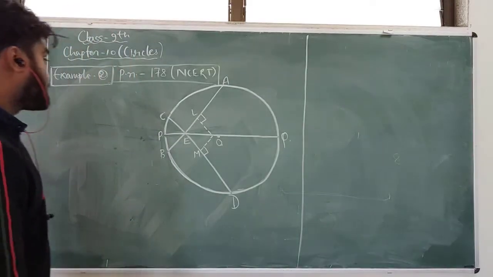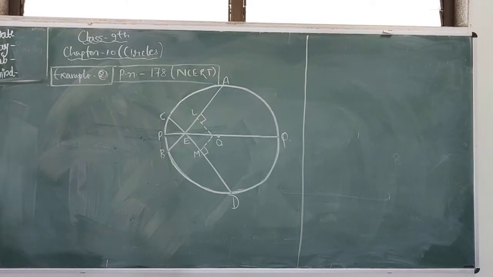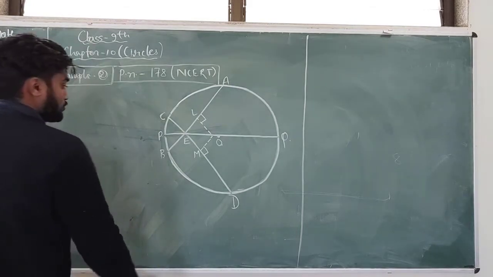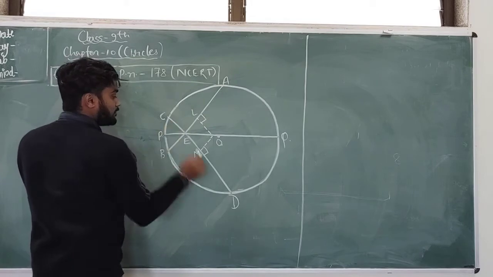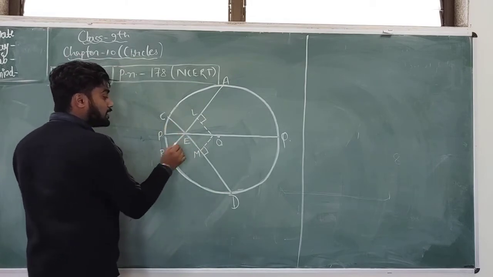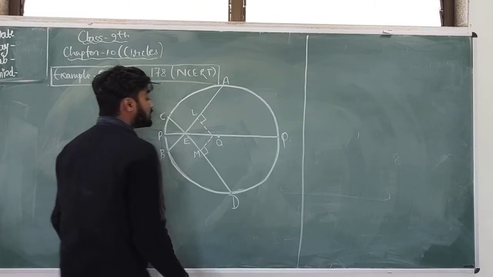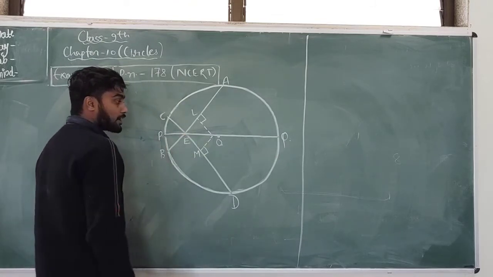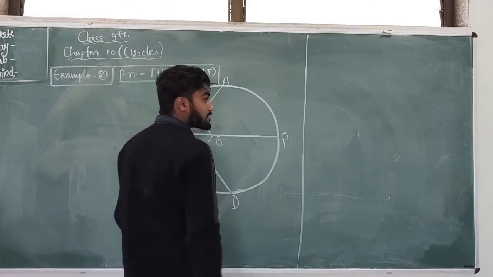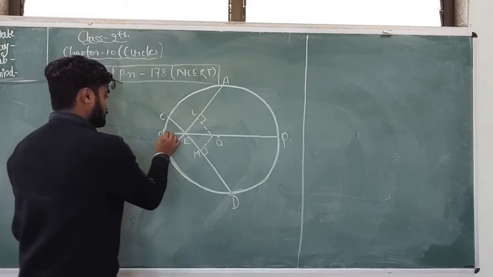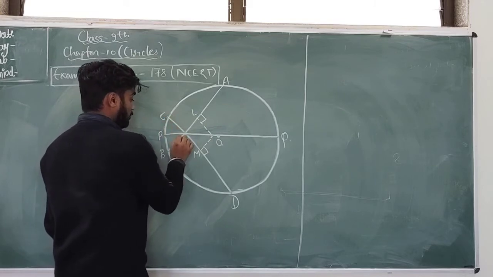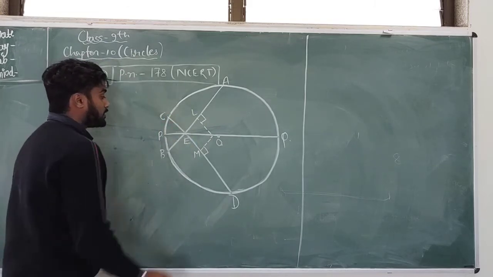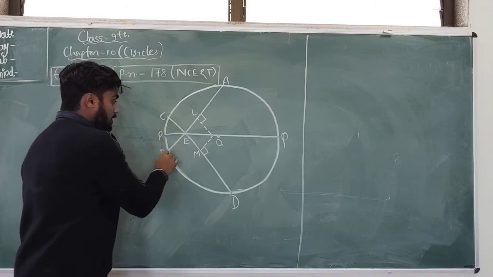So here is the diagram for that question. We have two chords, AB and CD, which intersect at the point E, and PQ is the diameter of that circle which also passes through the point E. The diameter passes through the center.